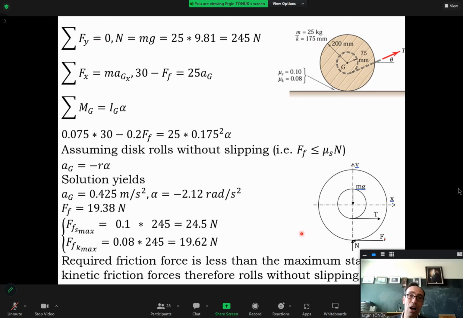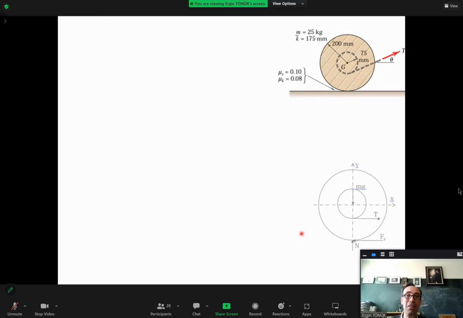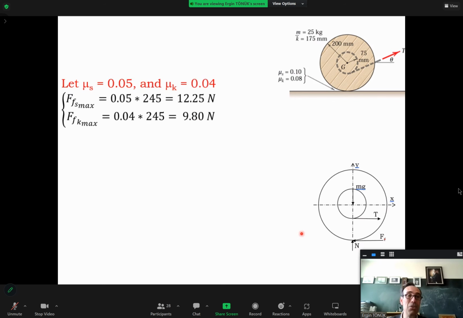Now I will try the same problem with coefficient of friction values half of those given in the book. So mu s, rather than 0.5, I will assume 0.05, and mu k, rather than 0.08, it's 0.04.